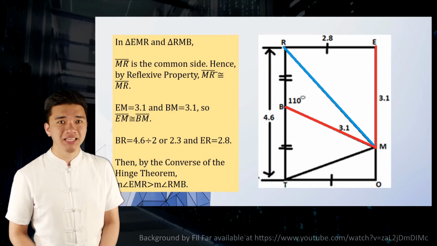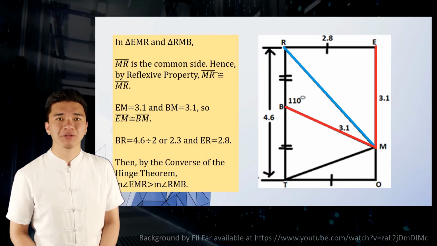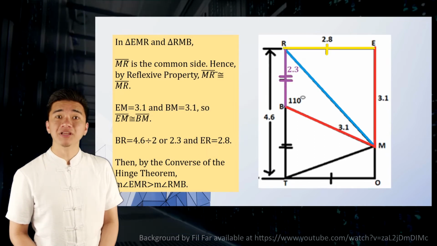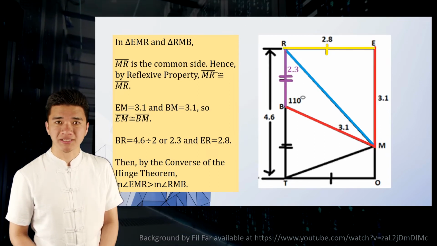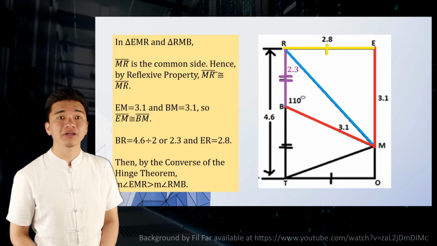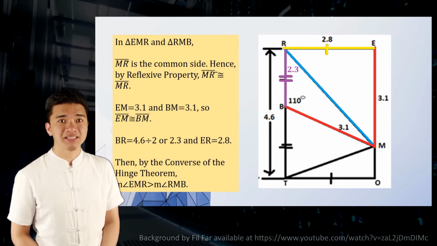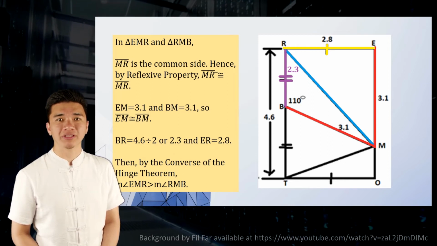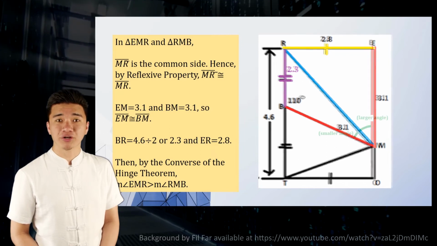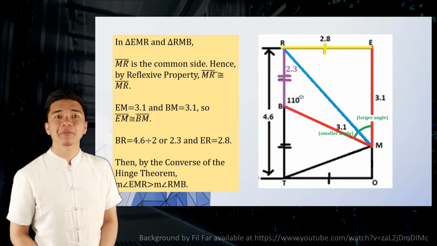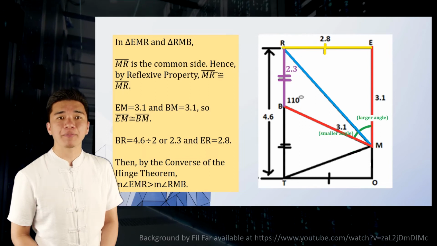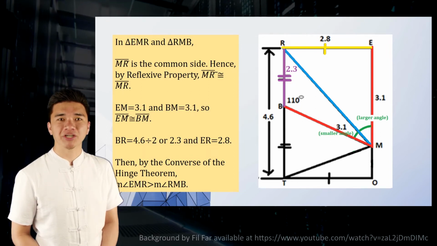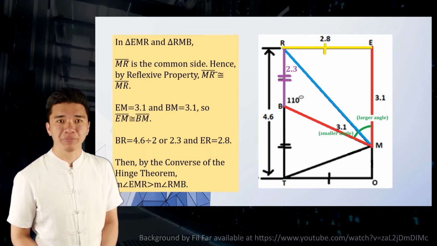So, side EM is congruent to side BM. Side BR is equal to 4.6 divided by 2 or 2.3. And side ER is equal to 2.8. Then, by the converse of the Hinge theorem, the measurement of the angle EMR is greater than the measurement of angle RMB.